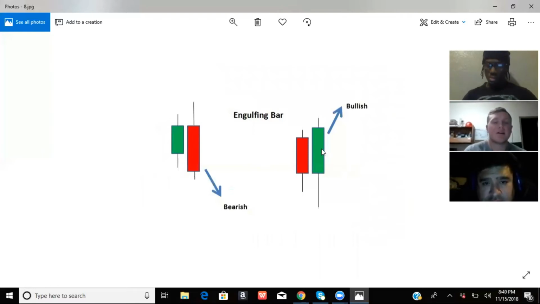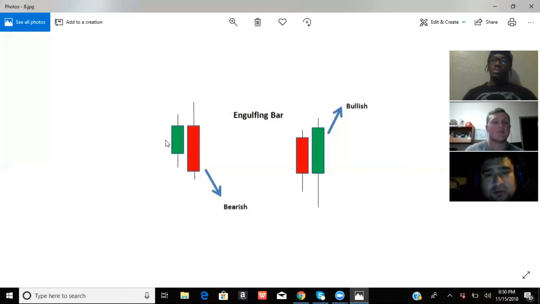You'll have a bullish candle moving up, not necessarily small, and then immediately the next candle, if it's a bearish engulfing pattern, is a bearish candle that exceeds the length of that bull candle, engulfing it. That's why it's called engulfing. That red candle engulfs the green candle, and most of the time that's going to lead to a bearish pattern in the market.